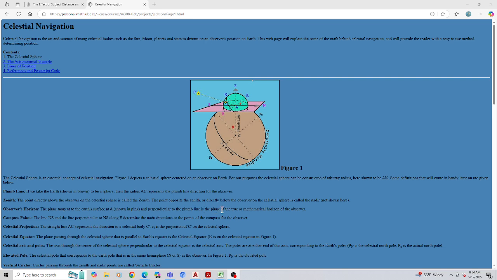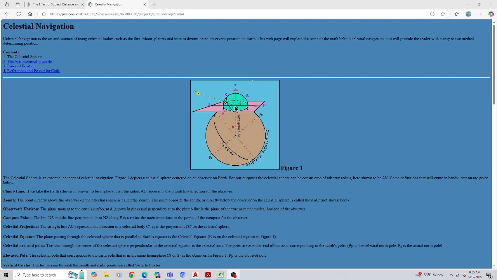Plumb line is the plane of the true or mathematical horizon of the observer. Mathematical, you are going to calculate angles. All of your math is going to be calculations, trigonometry of angles from a plane of reference.